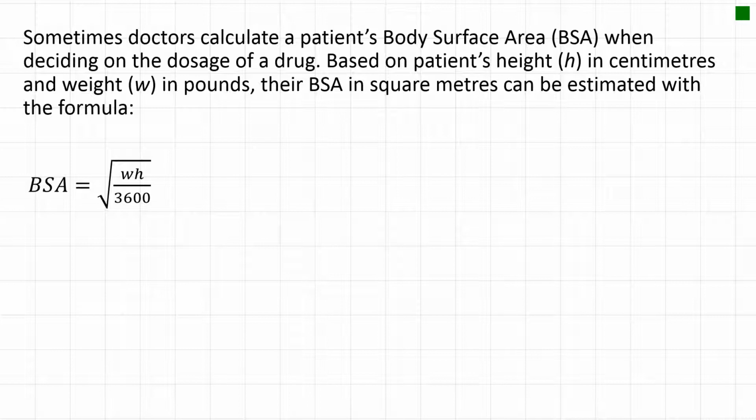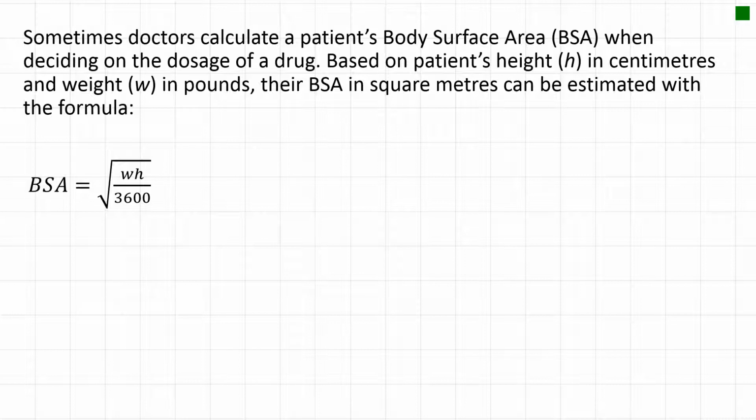Another interesting example of a radical equation comes from the medical world. So sometimes doctors calculate a patient's body surface area, BSA, when deciding on the dosage of a drug. And the BSA can be calculated, it's an estimate, based on their height in centimeters and their weight in pounds.